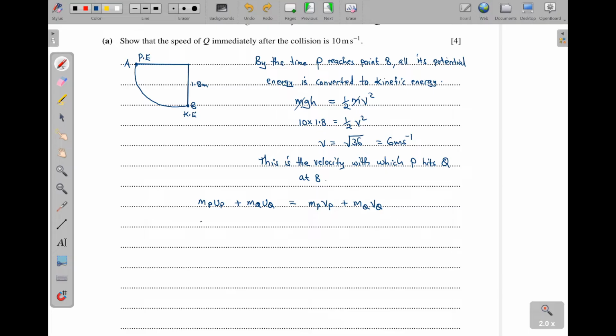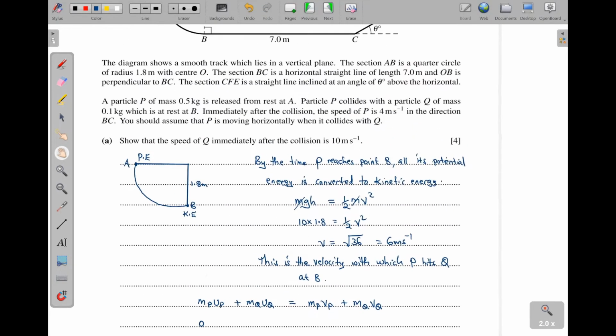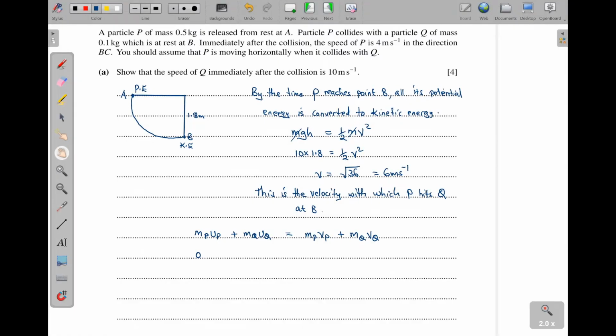The mass of P was given as 0.5, times the velocity, which is 6. Then plus the mass of Q, 0.1, but it was at rest at B, so times 0, the momentum is therefore 0 there.